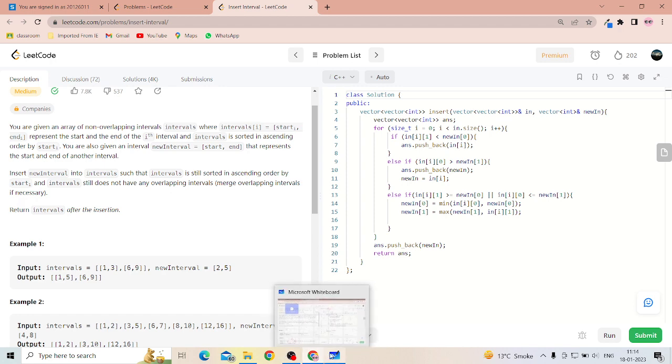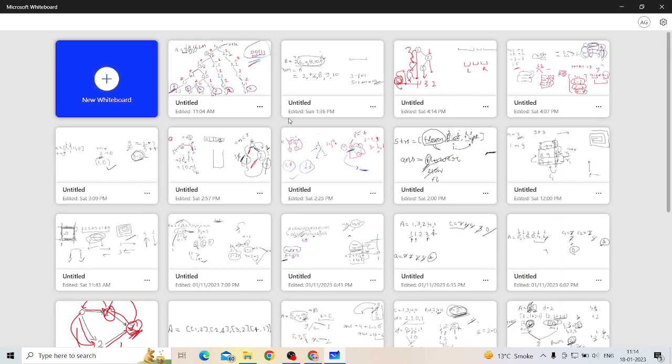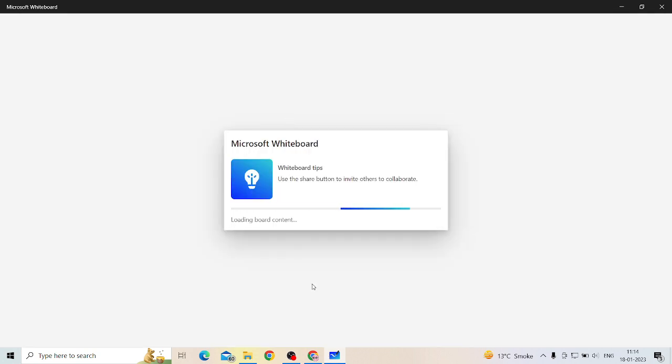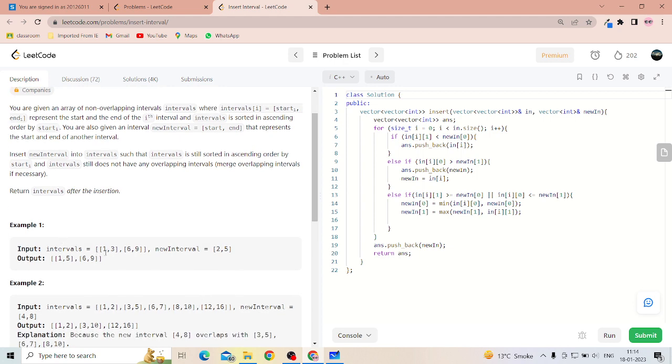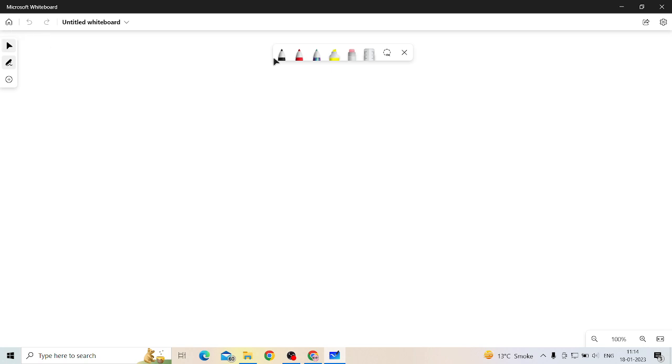So we can solve this question. Let's say we are given intervals 1 to 3 and 6 to 9.